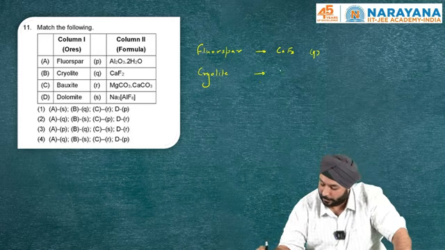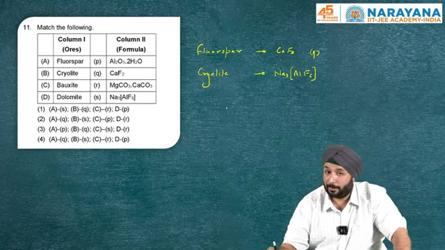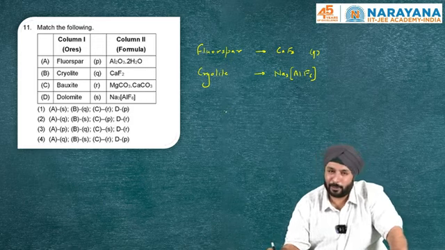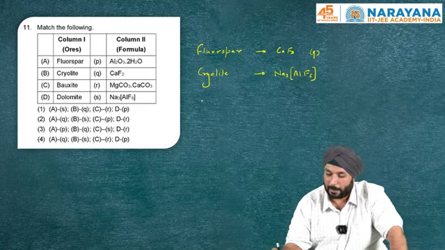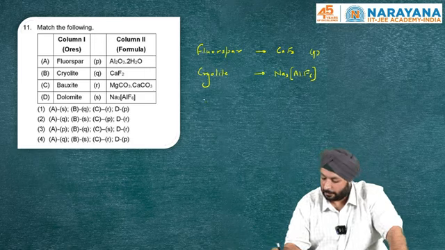That is Na3AlF6. Aluminium has a coordination number of 6 in that, right? Generally with chlorine it forms a coordination number of 4, tetrahedral geometry. With fluorine, since fluorine is small, 6 fluorines can be accommodated around Al3 plus.